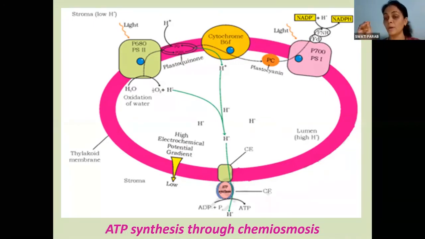Just before I told you what is cyclic, that if the electron which is released from P680 comes back to P680, then it is cyclic. But if the electron released from P680 goes to P700, then it is non-cyclic. So both reactions will take place here, P680 cyclic, as well as P680 and P700 non-cyclic.